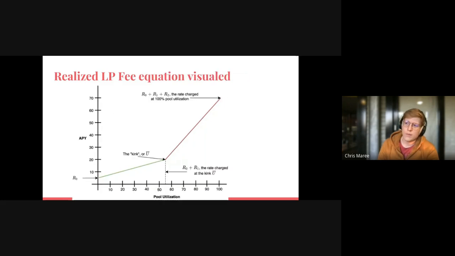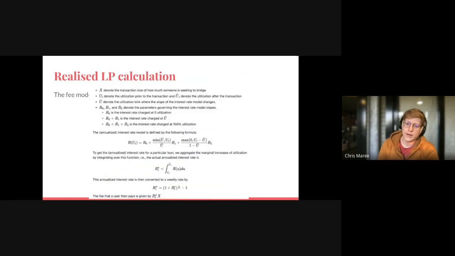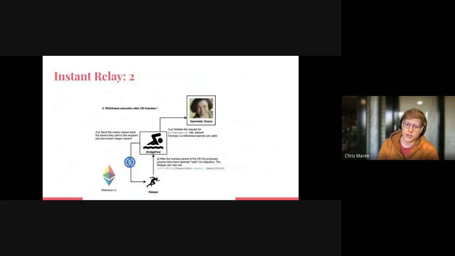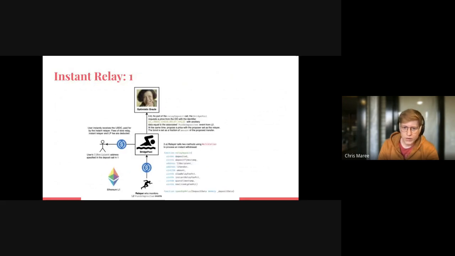So Nick, if you can go back to one of the slides that had the diagram on the bridging action. Yeah, this one. So you'll see in this, the bottom variable in relay deposit is this realized LP fee %, which is the thing we just described with the graph. So the relayer basically makes a statement about what that number is. The depositor doesn't influence that at all.